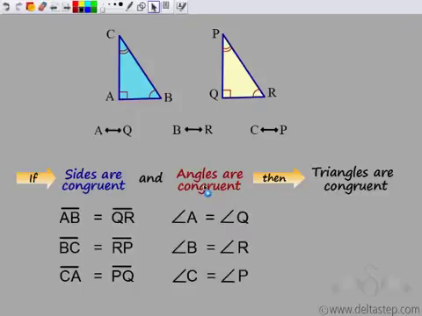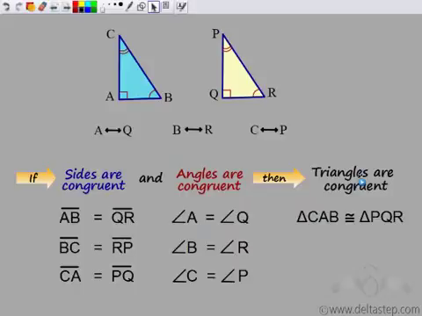A is equal to Q, B is equal to R, and C is equal to P. So I have 3 pairs of equal angles. With these 3 sides and 3 angles, corresponding sides being equal and corresponding angles being equal, I can say that the triangles are congruent. So I can say that triangle CAB is congruent to triangle PQR.